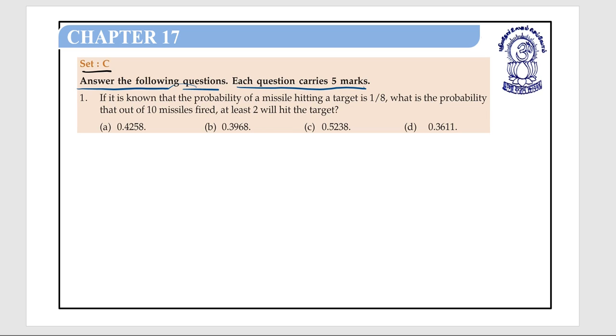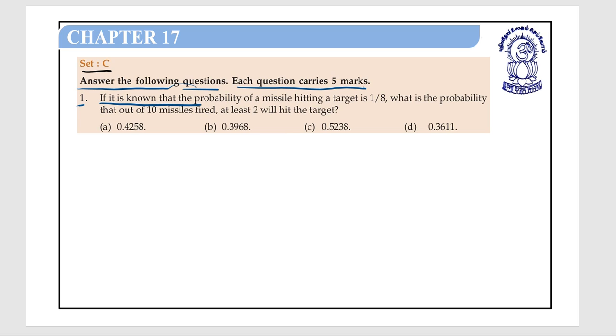If they ask, then we can easily solve it. So let's start with question number 1.